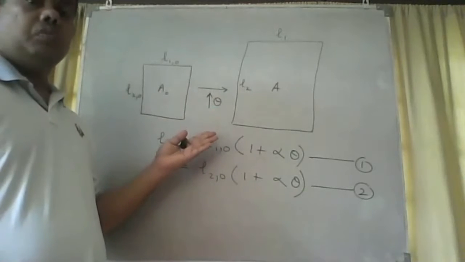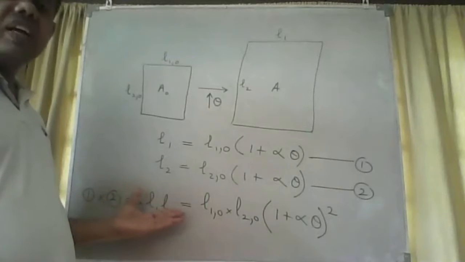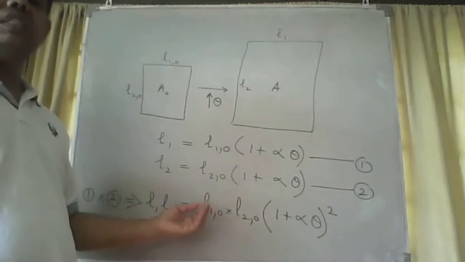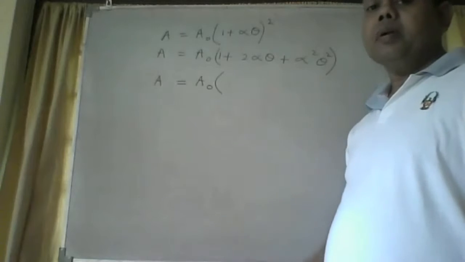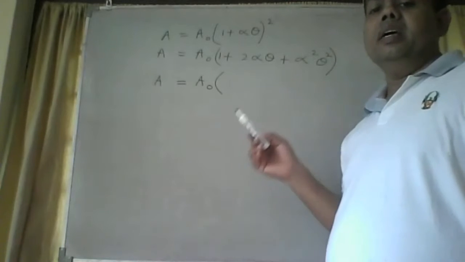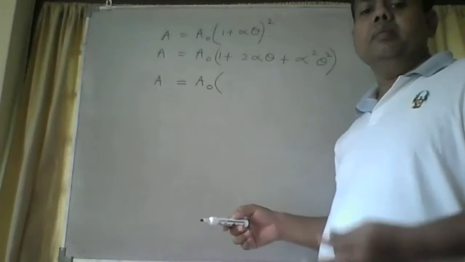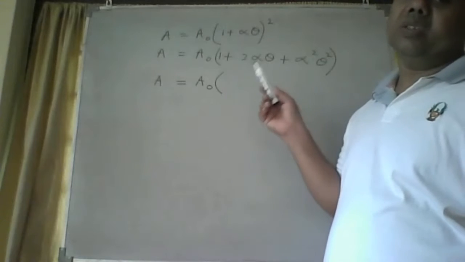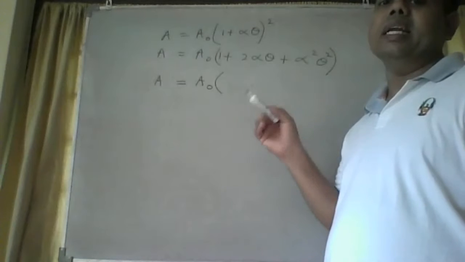Now, by multiplying equations 1 and 2, since L1 times L2 is A and L10 times L20 is A0, we can rewrite this relationship. Since alpha is usually a very small value for materials, alpha squared is an even smaller value. Compared to 1 plus 2 alpha theta, alpha squared theta squared is very small, so we can neglect it.